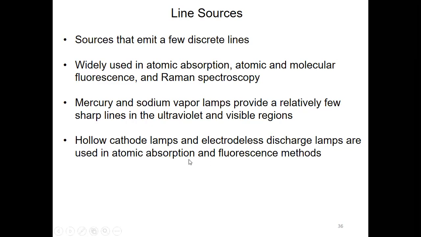Hollow cathode lamps and electrodeless discharge lamps are used in atomic absorption and fluorescence. So these are some examples where line sources are used. And even though I have not written it, in Raman spectroscopy, lasers are the line source that is widely used.